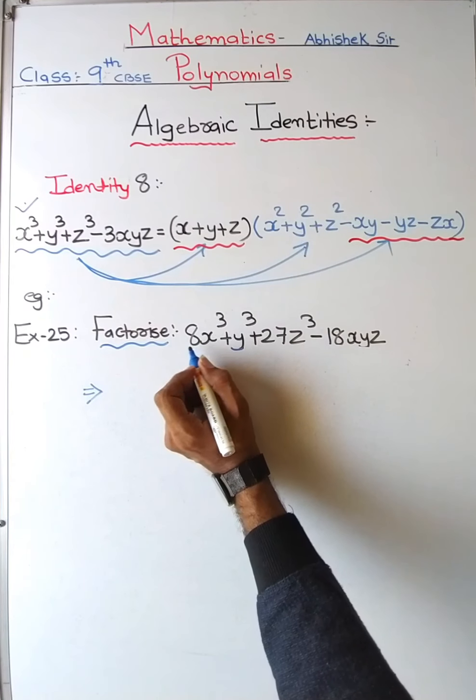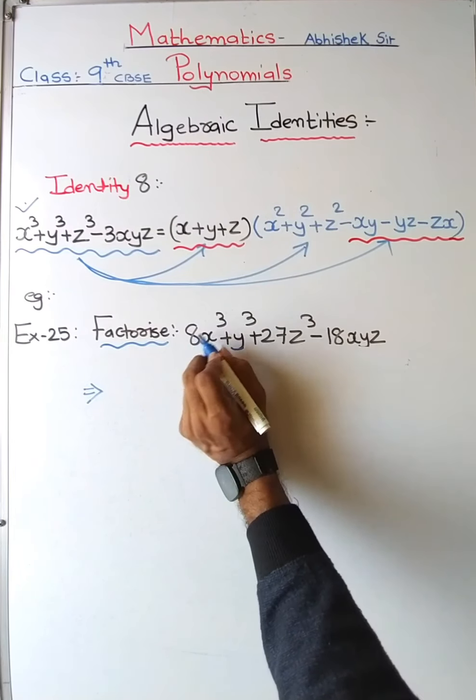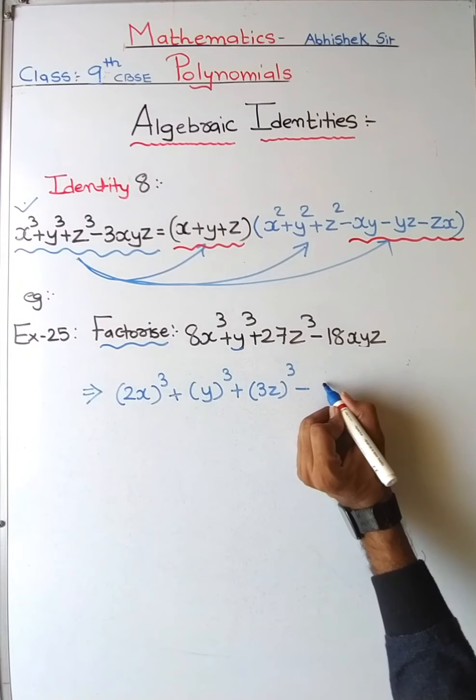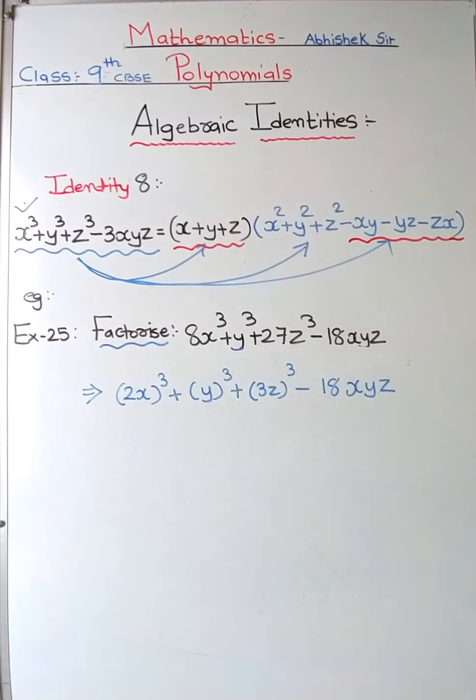What is the cube root of 8x cube? So it is 2x whole cube. So we are writing the cube roots into bracket first, then we'll go for the solution. Y cube, it is y only. 27z cube, so that is 3z whole cube, minus sign is given, minus it is 18xyz.